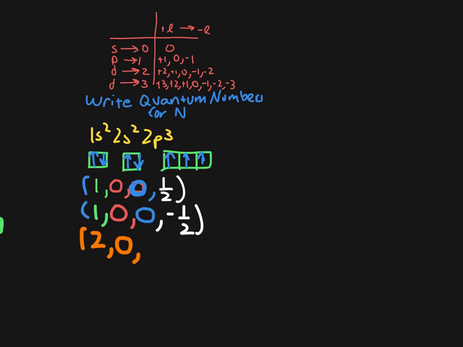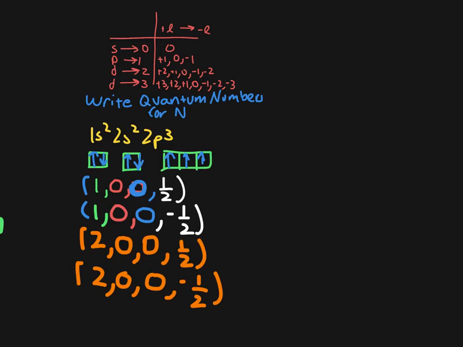And it's still going to be a 0 for the orientation in space. And it's our first up arrow, so it's going to be a 1/2. Okay? Next one, our second electron there, so this is our fourth total electron. It's still in the second energy level, and S is a 0. S's are automatically a 0 in orientation in space. And it's our second electron, so it's going to be a negative 1/2.